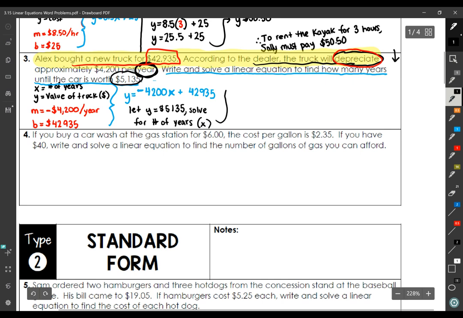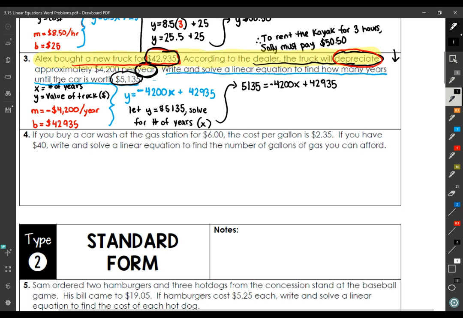So we're putting in y is equal to $5,135. We want to figure out how many years it will take for the car that was originally $42,935 to be worth $5,135. So negative 4,200 times x plus 42,935.